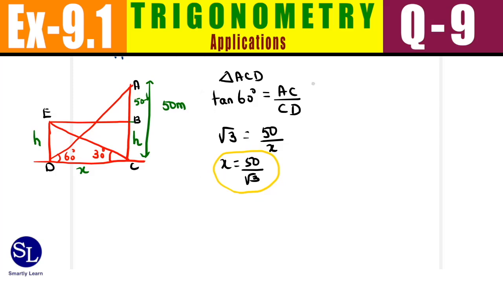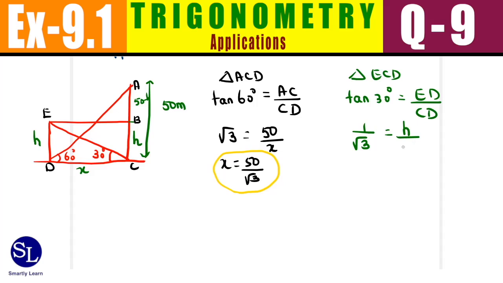Now let's take up the next triangle. So here the triangle is going to be ECD. Remember, this is where the tan 30 degree is. So in triangle ECD, tan 30 degrees is going to be ED divided by CD. So tan 30 is 1 by root 3, which is equal to ED, which we have marked as H, divided by CD, which is X for us.